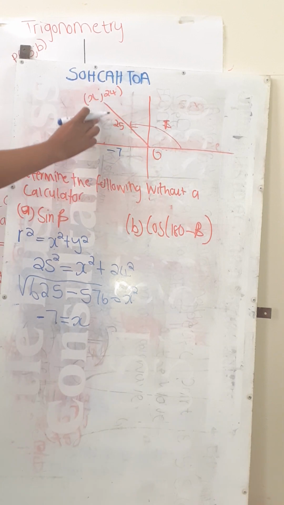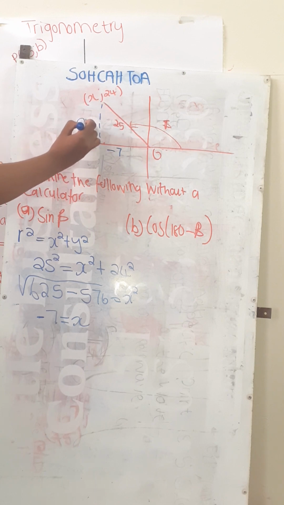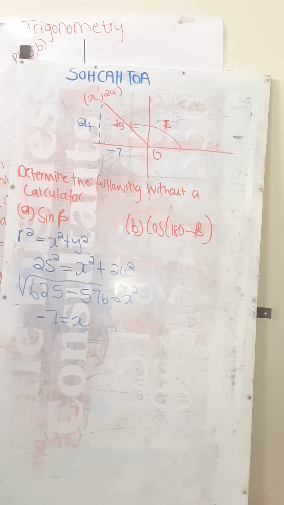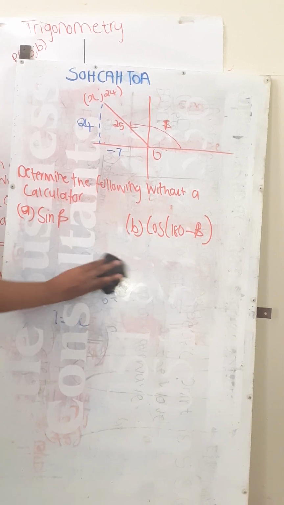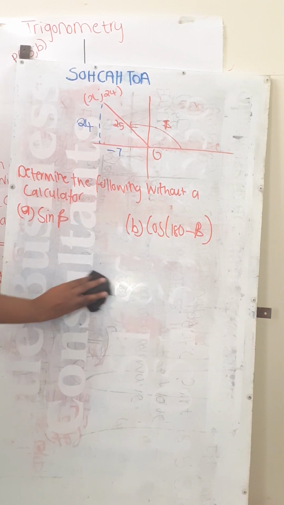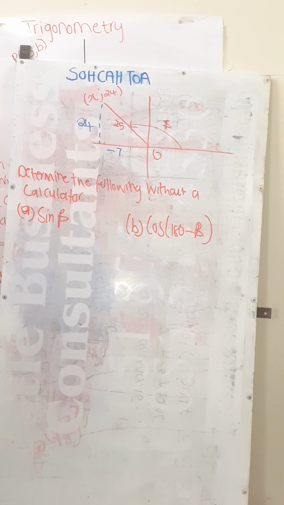You can see it, right? The x-axis this side is negative, but the y-axis is positive. Now we have this. The next thing we can do is to solve. These questions are very easy, guys. You just have to find all the sides of this triangle, and then you just practice SOHCAHTOA.